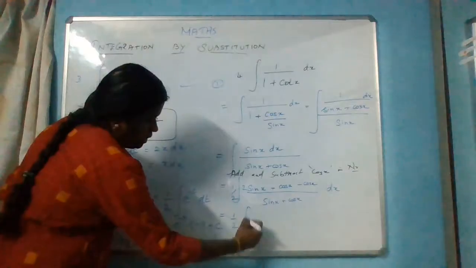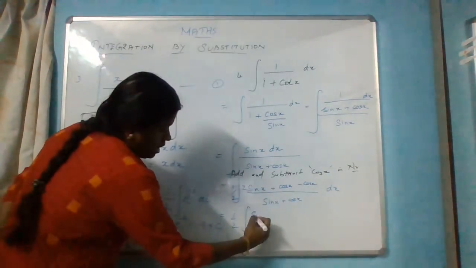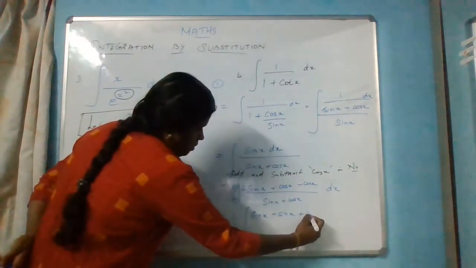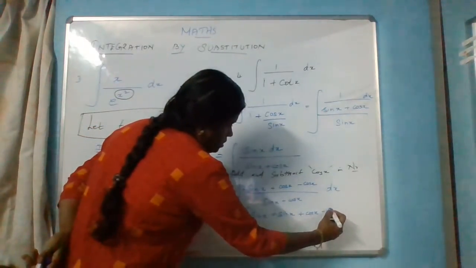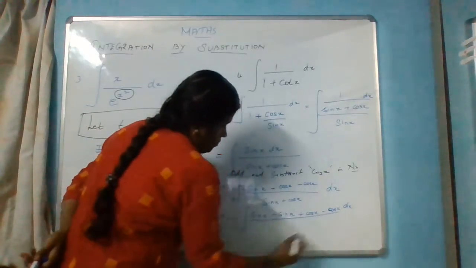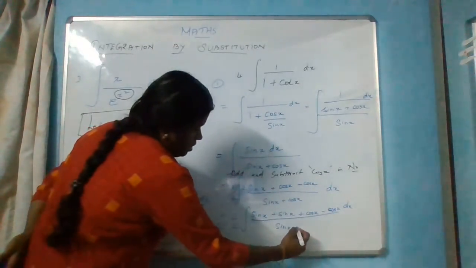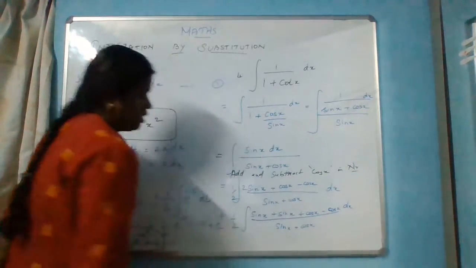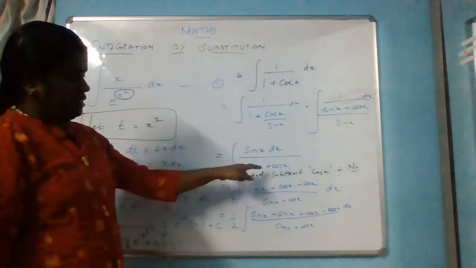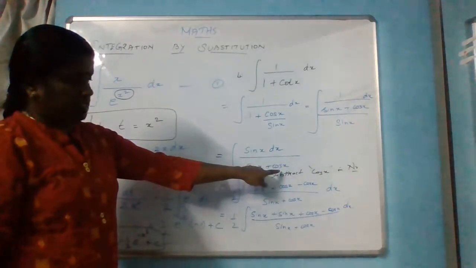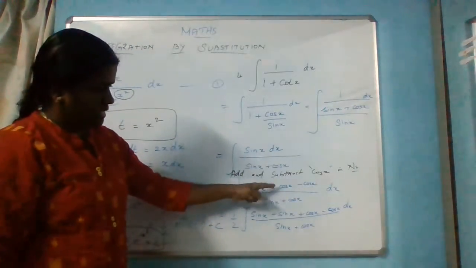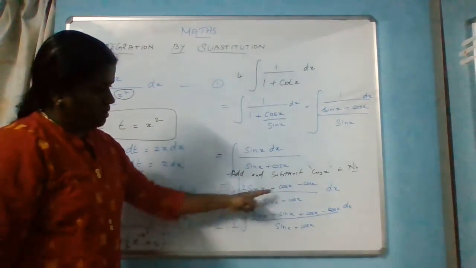The next step, sin x can be written as sin x plus cos x minus cos x into dx by sin x plus cos x. Hope you understand. To make the simplification easier, I have just added and subtracted cos x, which makes no difference, because adding and subtracting means the same.